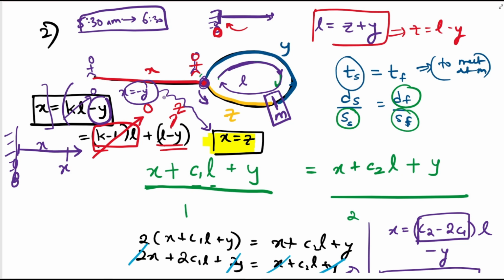But to make it easier to understand, I split this up into k minus 1 times L plus L minus y. So here we are not going in the negative direction, but rather in the positive direction, which is the clockwise direction, correct? That is the reason I did the splitting, and this is the whole clockwise part.